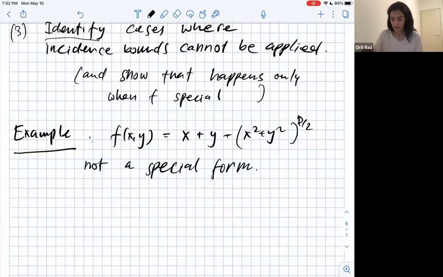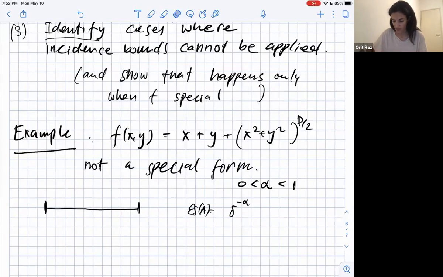Now let's fix some alpha, and let's choose A and B, and we want A and B to satisfy the non-concentration condition. Actually, we can choose them such that they satisfy it in the strongest way possible. We're going to choose A and B such that the delta covering number of A equals the delta covering number of B equals delta to the minus alpha.